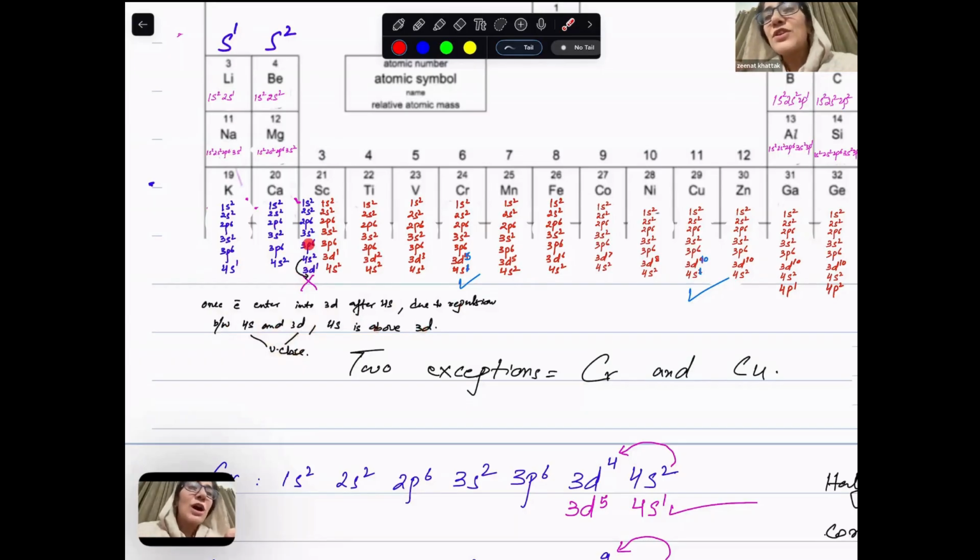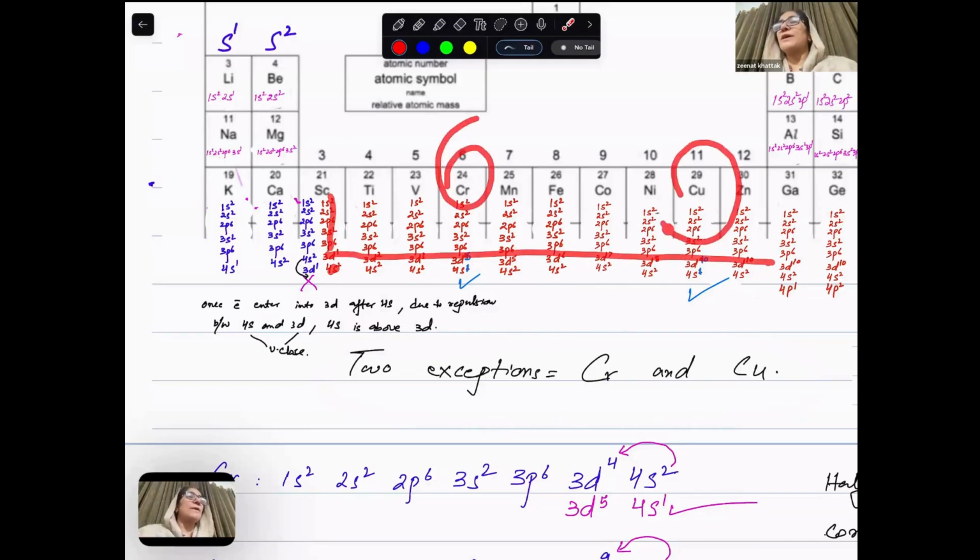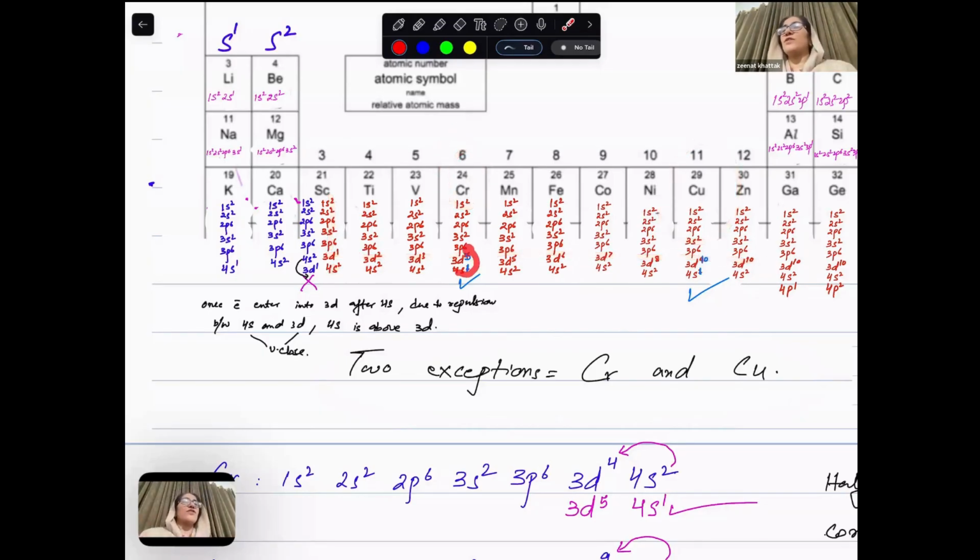So after 3p, the electron goes into 4s, but you will write 4s after 3d. Look, and chromium and copper are kind of exceptions to the exception. Train yourself that 3p6, 4s2, 3d1, 3d2, then do it this way. And then you must know that in chromium and copper, the electron is shifted from this to this and from this to this.